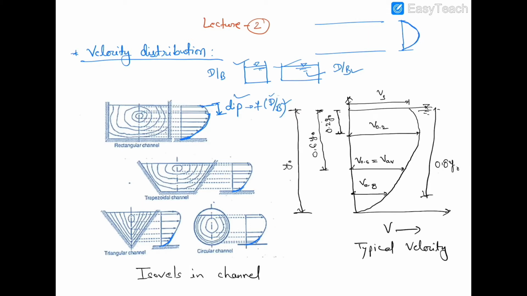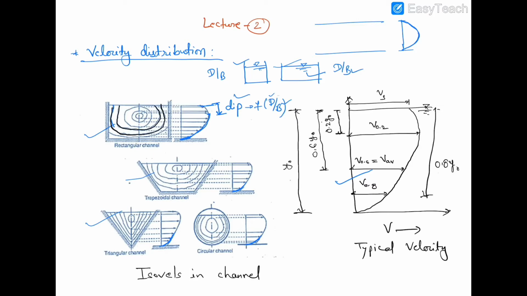Now look at this figure. This figure represents the velocity distribution across the channel. One more thing here in these figures, these lines are called isovels. Okay, what is isovel?